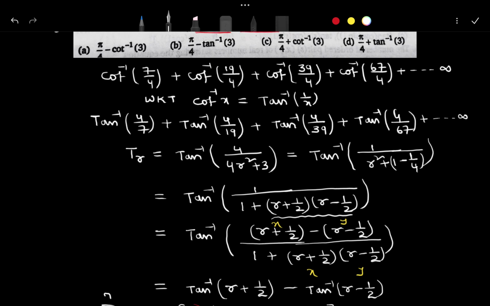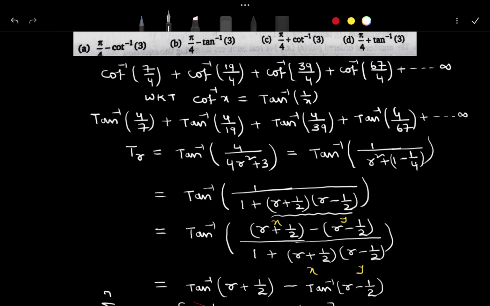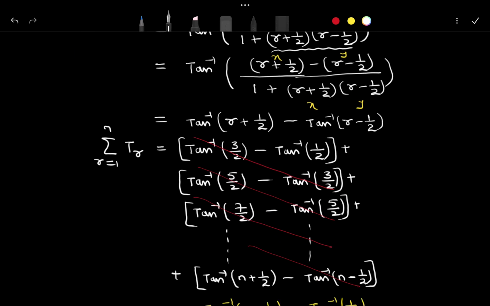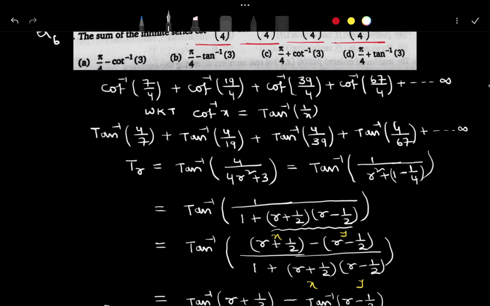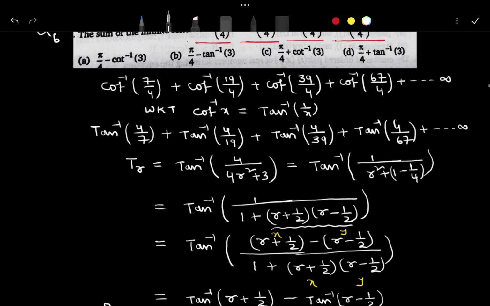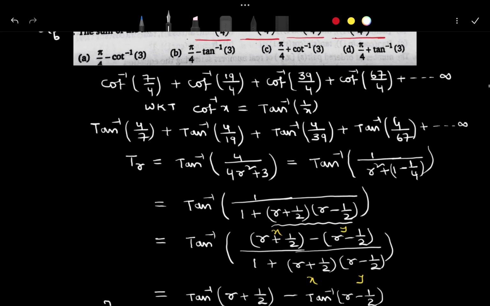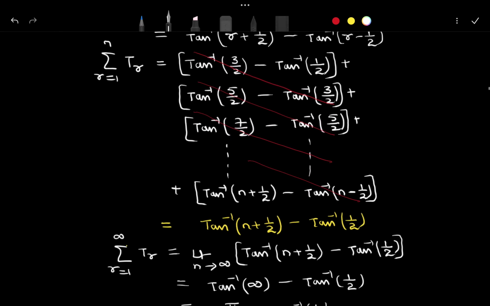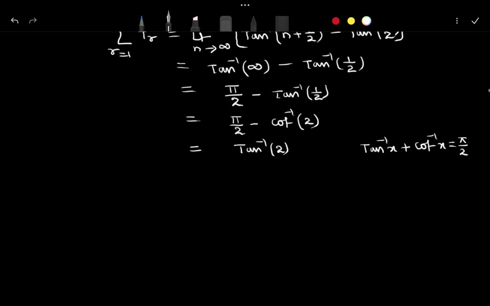According to the given options, you can take pi by 4 plus cot inverse of x, and pi by 4 plus tan inverse of 3. One by one, take all the options. First, option C is better, so verify option C and option D: pi by 4 plus cot inverse of 3.